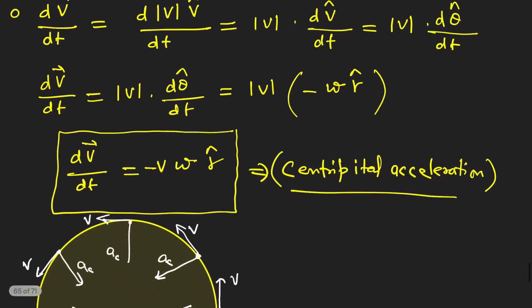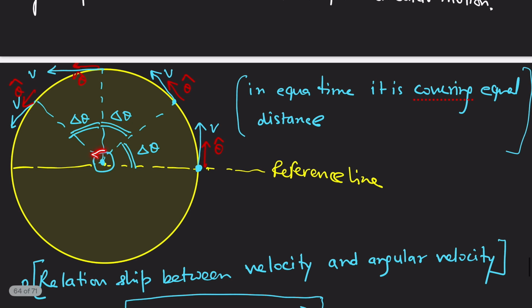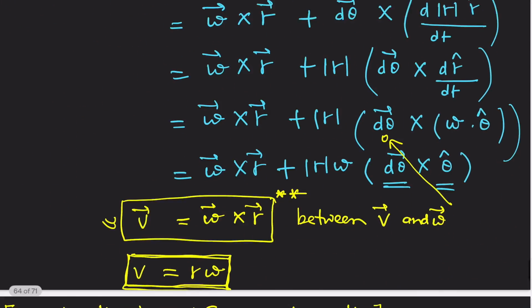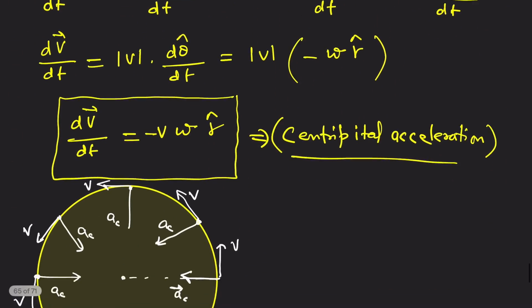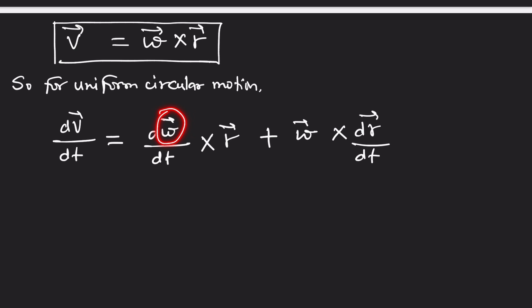Let me show you again. Here the angular velocity I have shown is acting in the upward direction always, and it is covering the same angle in the same amount of time. It means the magnitude is also constant. So it is completely constant, which means the omega vector can be treated as constant. So the differentiation of this will directly be zero.